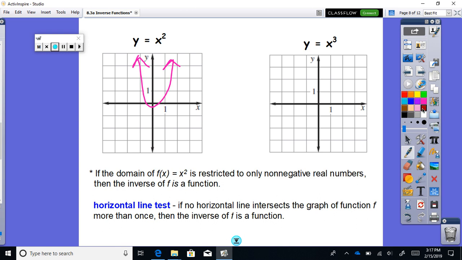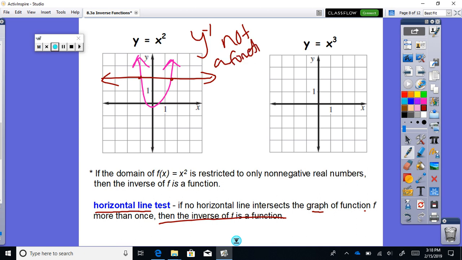Horizontal line test. If no horizontal line intersects the graph more than once, then the inverse is a function. So this one fails the horizontal line test, which means the inverse would not be a function, except if we restricted the domain.